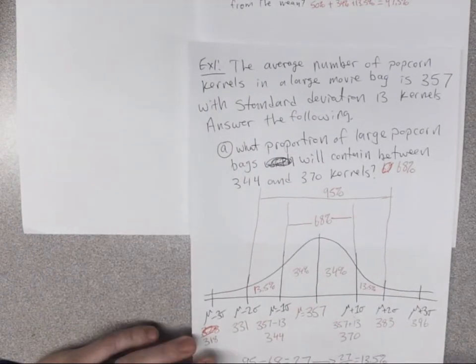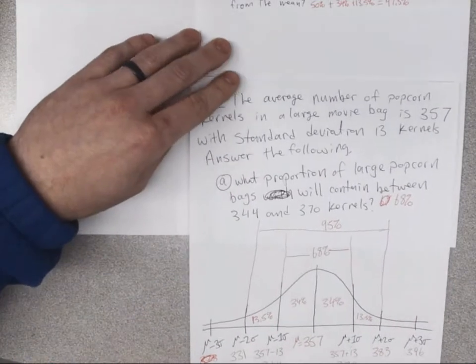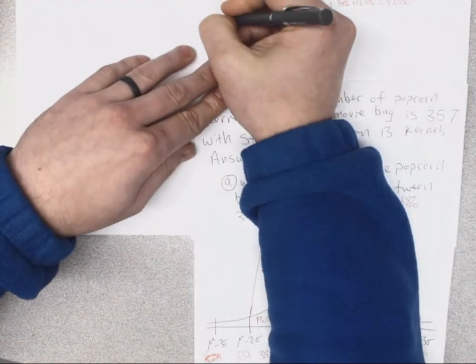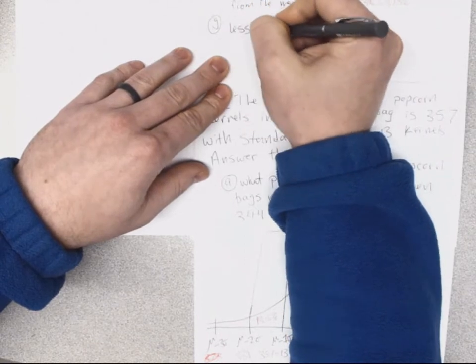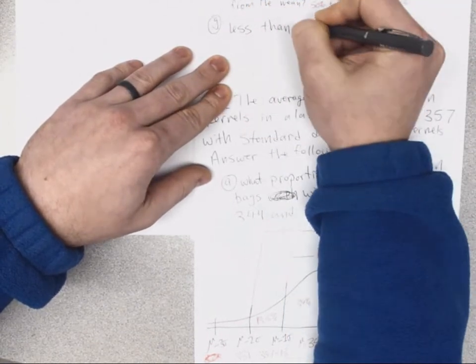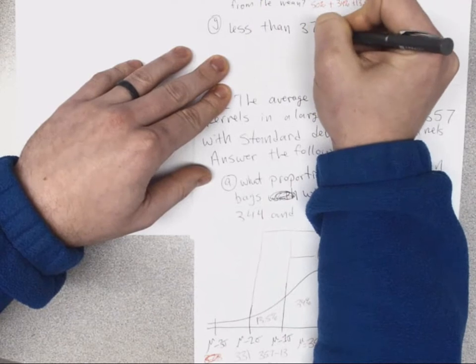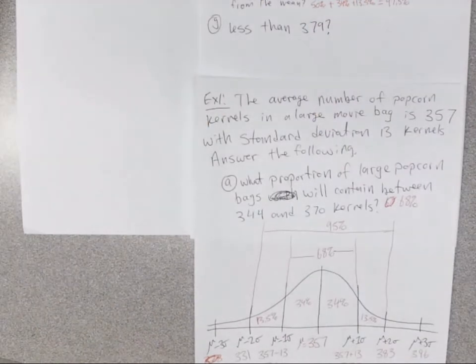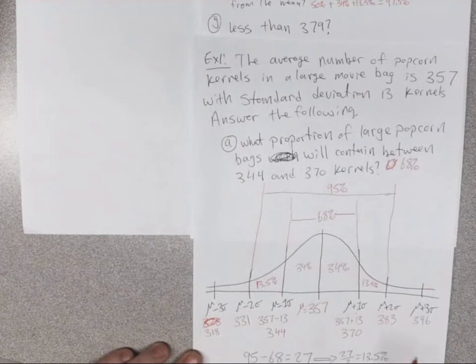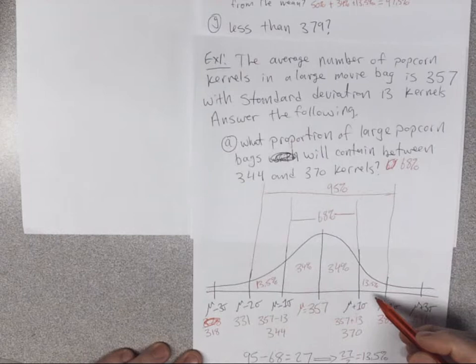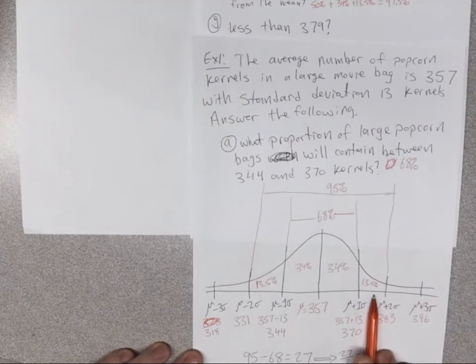So where it gets tricky is if I ask you something like this. Part G. What about less than 379? So let's come to our graph and find 379. Here's 370, 383, so 379 is somewhere in the middle here.